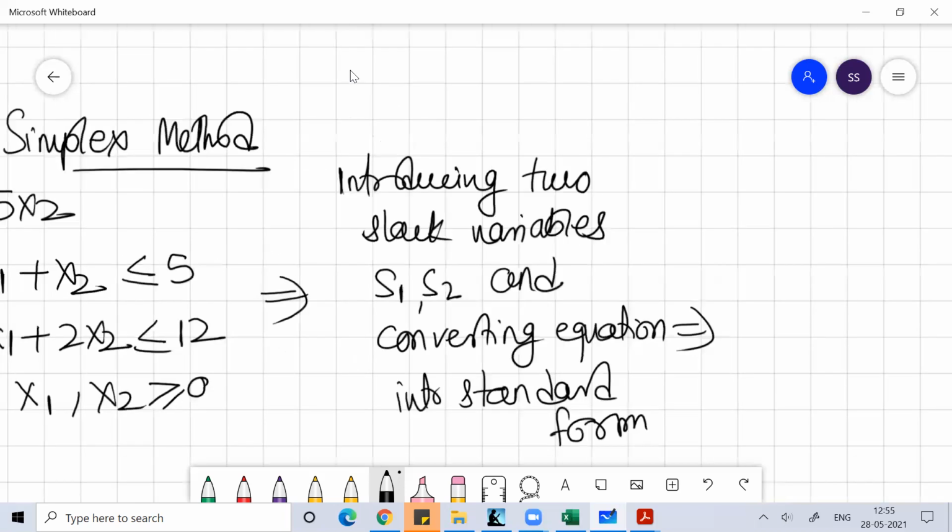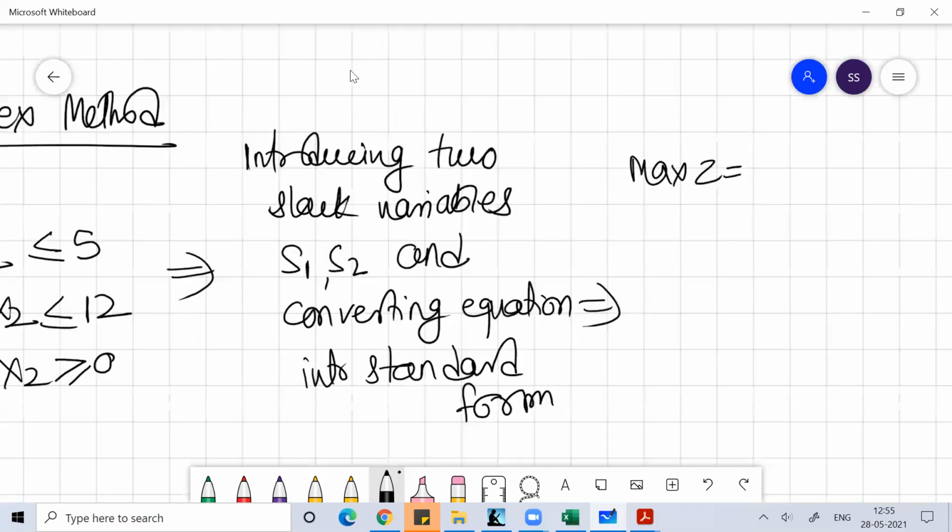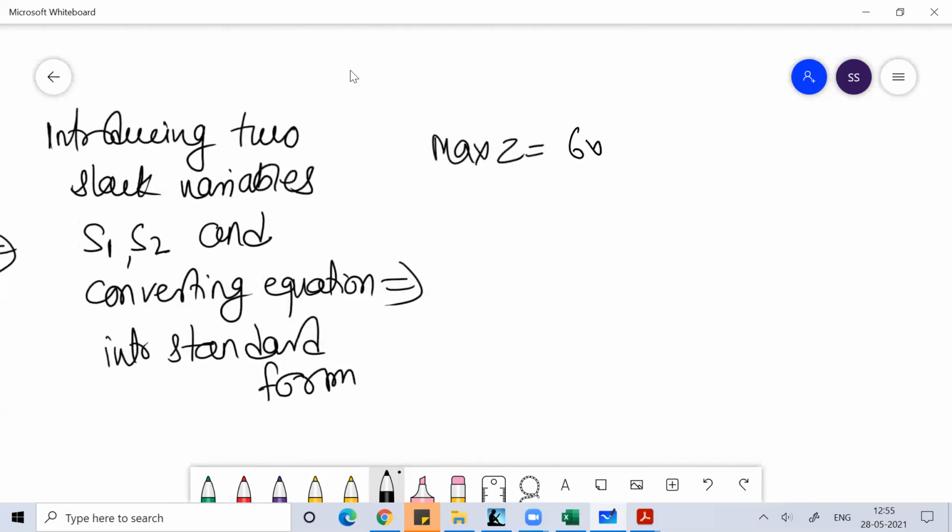So I can write maximize z is equal to 6x1 plus 5x2 plus 0s1 plus 0s2.